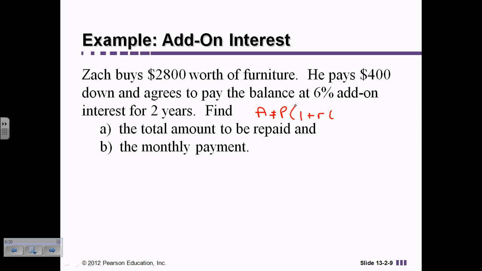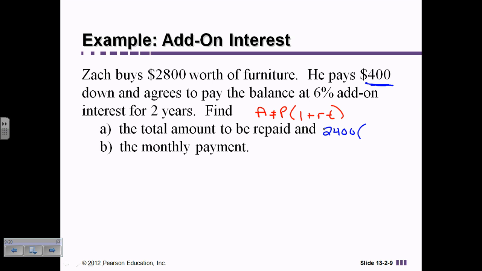This is going to tell us the total amount that has to be repaid. We can also calculate the interest and then add that in, but it'll give us the same answer. The principal is $2,400 because he wants to buy $2,800 worth of furniture, but he's making a $400 down payment.